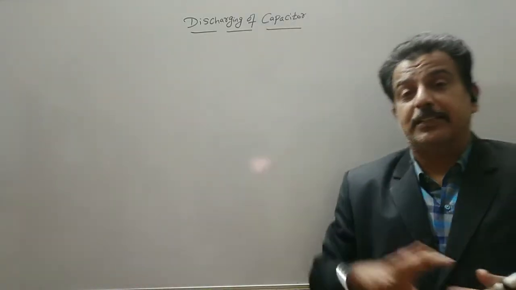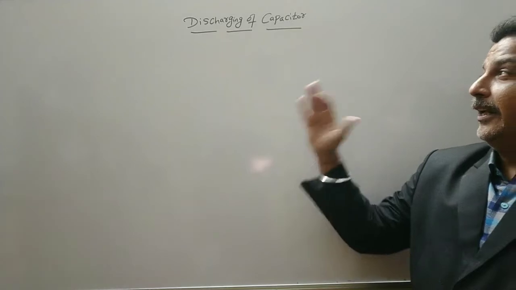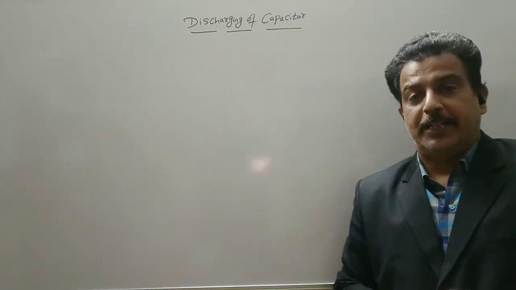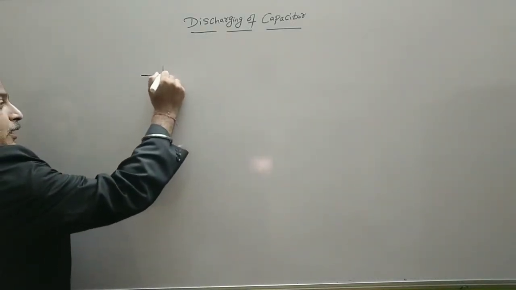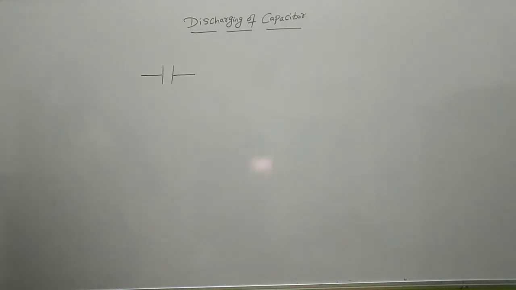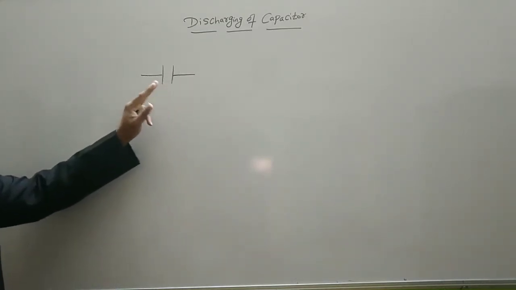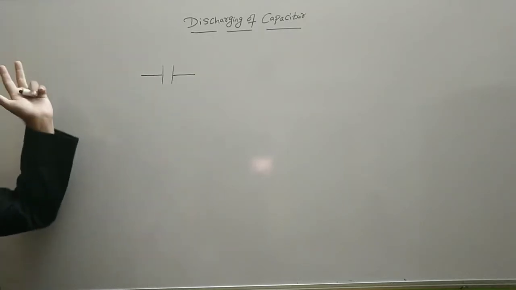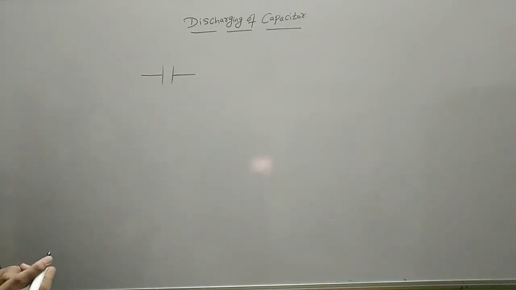Now after the capacitor is charged, let us see the discharging of a capacitor. In the discharging of a capacitor, we take a capacitor which is fully charged by the method we did in the last lecture.